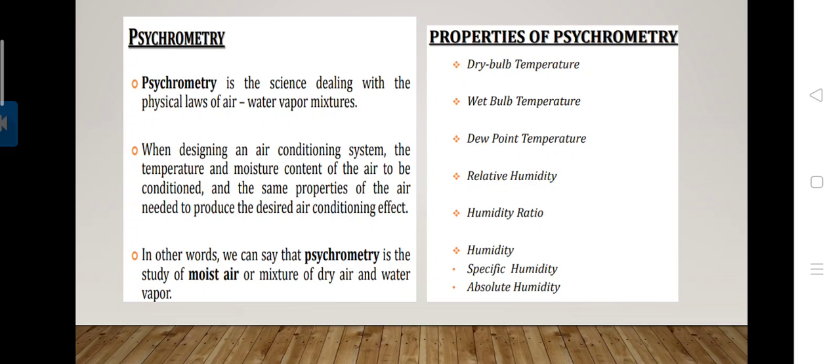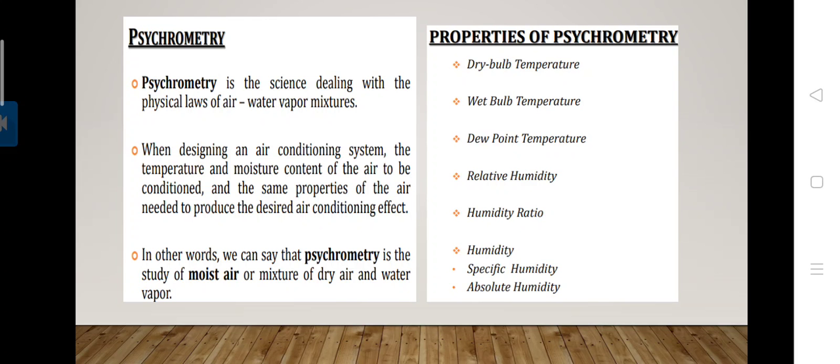Before that, first we know what is psychrometry. Psychrometry is the science dealing with the physical laws of air and water vapor mixtures. Atmospheric air always contains water vapor, and the amount of water vapor present in air plays an important role in comfort air conditioning.